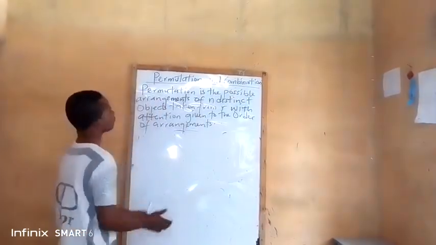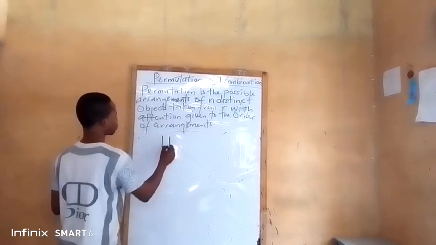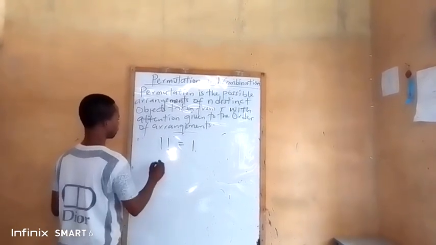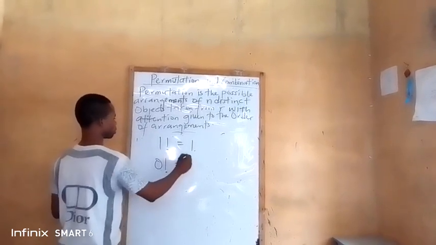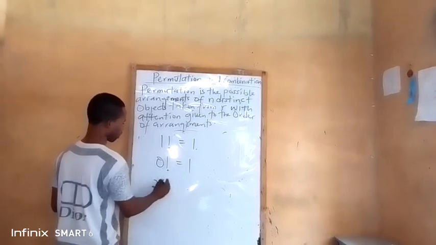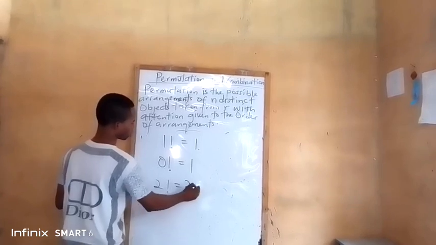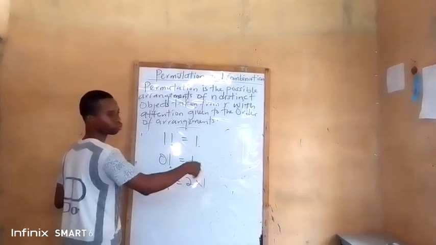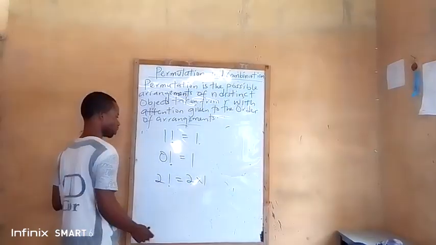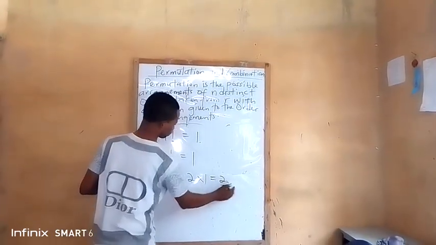Now, some important factorials. 1 factorial is 1. 0 factorial is 1. Like 2 factorial, that will be 2 times 1. I told you that you are going back. When you say 2, open bracket, 2 minus 1, that is 1. That is 2 times 1, that is 2.